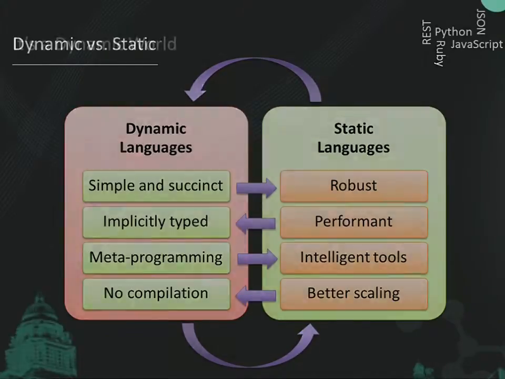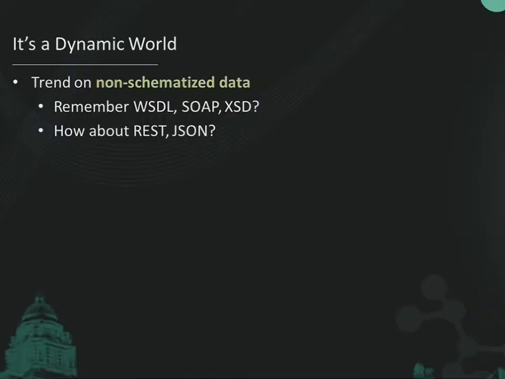Now, let's take a look at why we see that dynamic language trend coming back. A lot of frameworks and platforms are going, in the data space, for non-schematization. We used to have things like XSD and WSDL and all of that stuff.